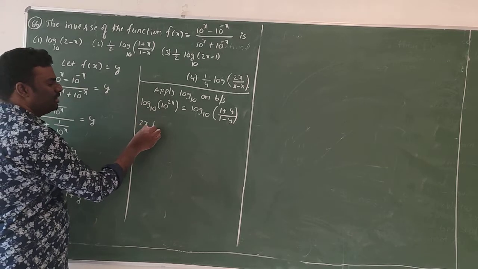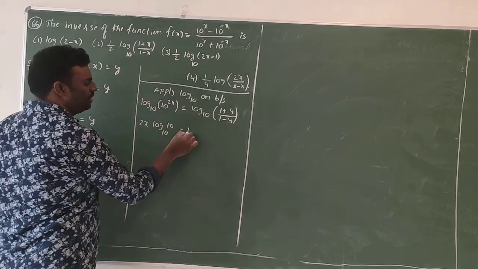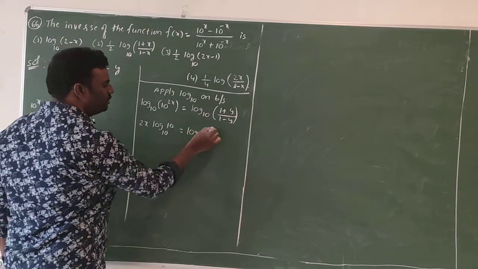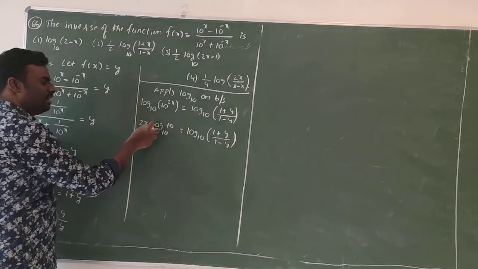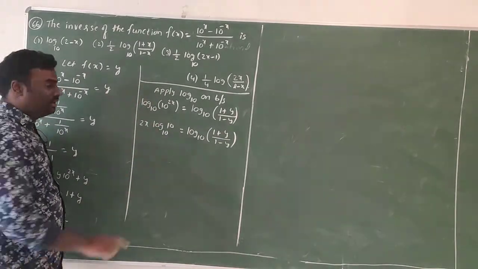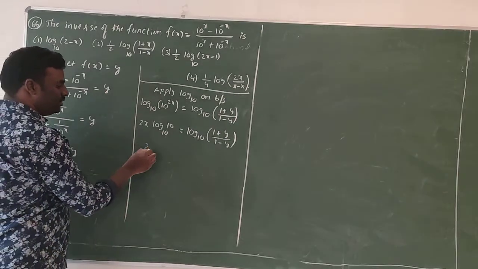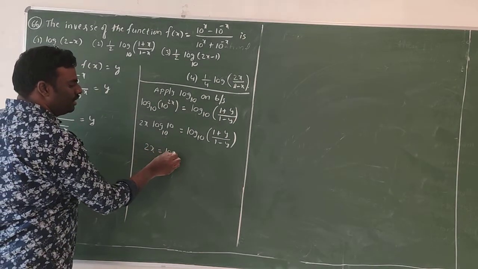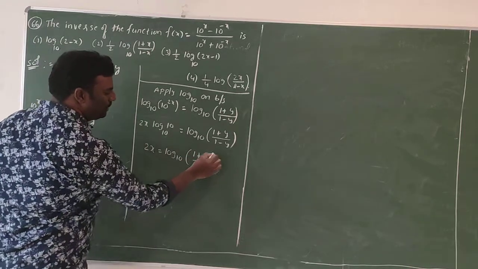Then 2x into log 10 base 10 is equal to log base 10 of 1 plus y by 1 minus y. This value is very clear, that is 1. Log a base a, both are the same, that value is 1. Then 2x is equal to log base 10 of 1 plus y by 1 minus y.